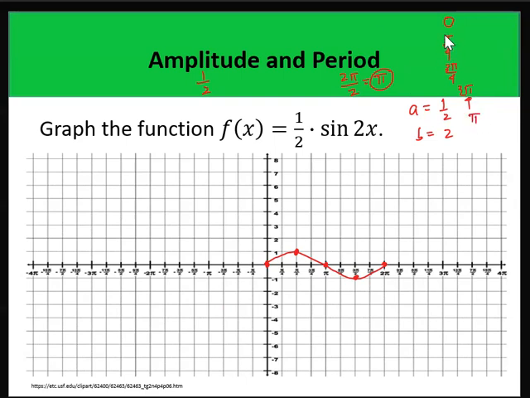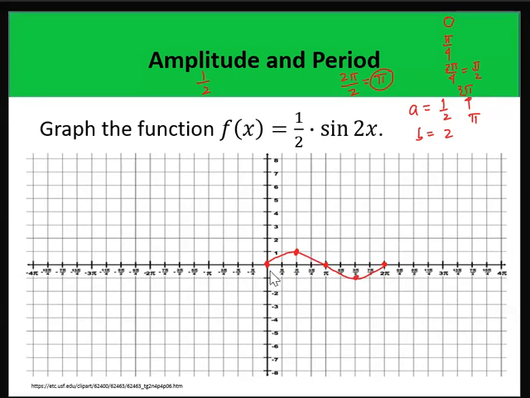So the 5 important points will be plotted at x equals 0, x equals pi over 4, x equals 2 pi over 4 or pi over 2, x equals 3 pi over 4, and x is equal to pi. So which means if we change the color of our graph to, let's say, green.